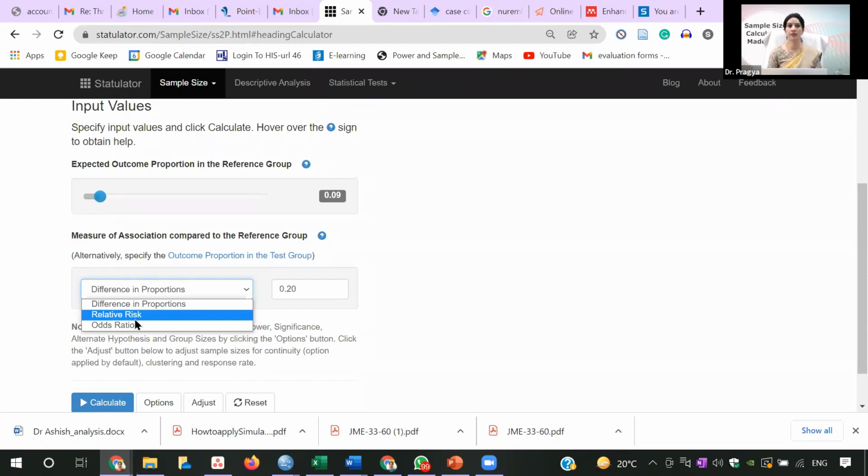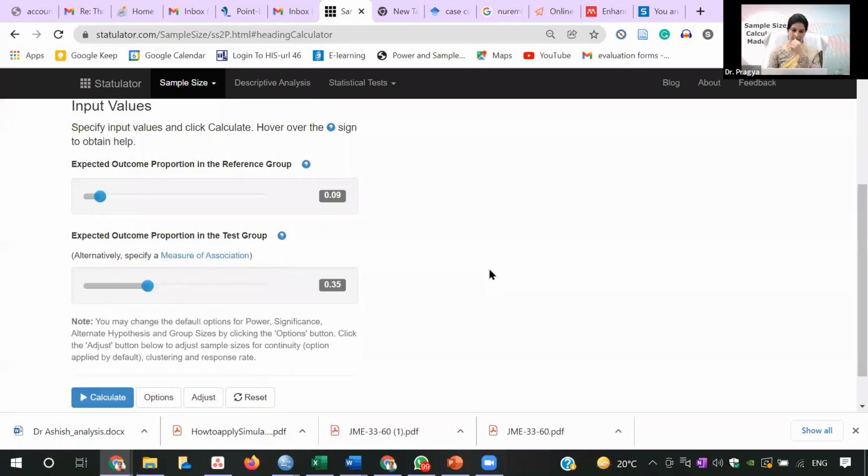The only thing is that we will use relative risk instead of odds ratio. So here we will use the difference of proportion, in measure of association. This 21%, I will put as 0.21.